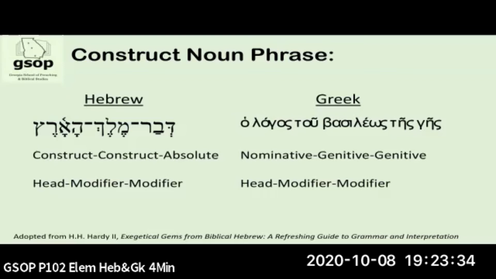Just to see the Greek comparison, because you guys are all Greek grammarians: ho logos tou basileos tes ges. The ho logos is in the nominative case. It's a subject.